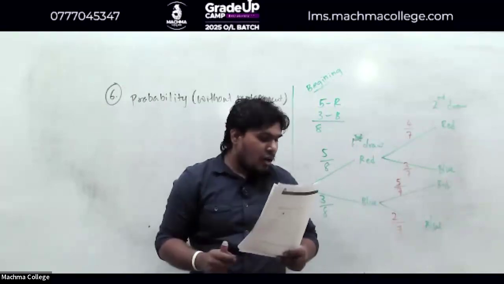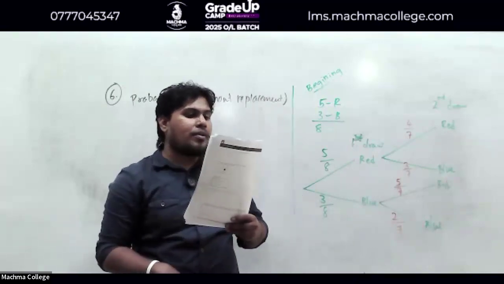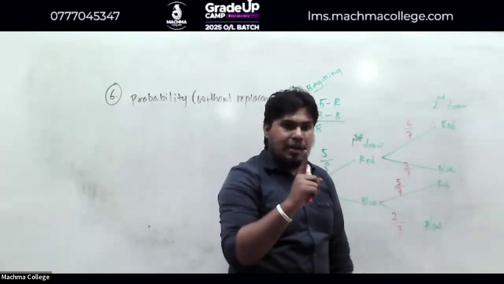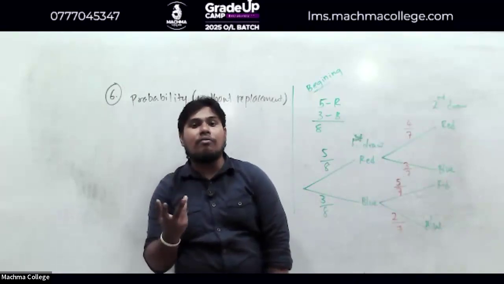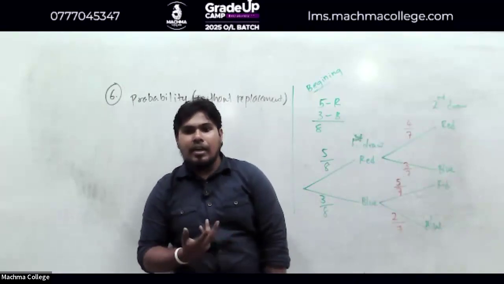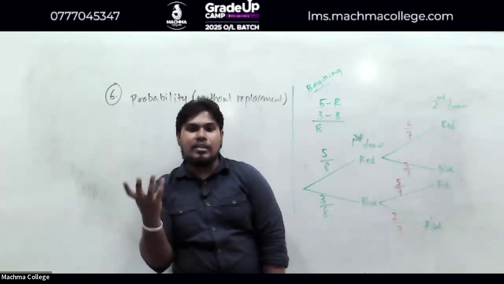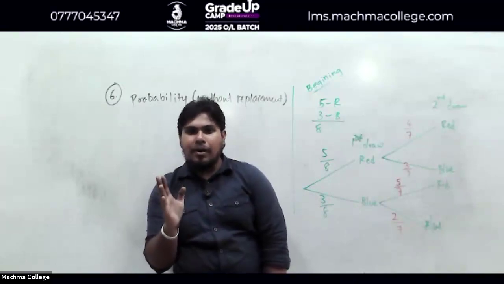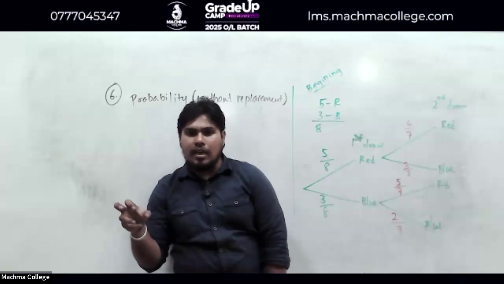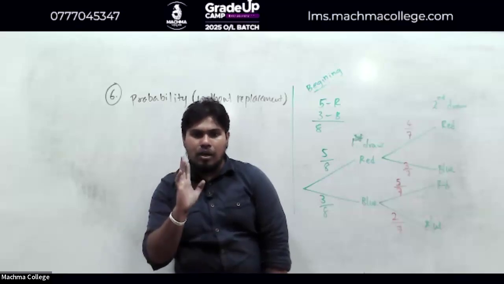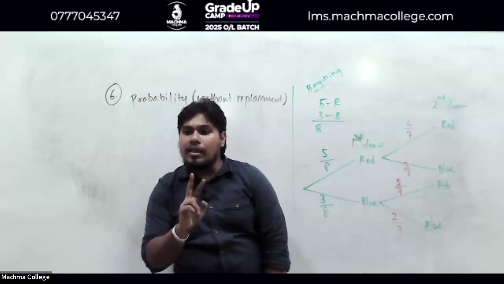Right. So now the question is: calculate the probability of selecting only one red ball. Did they specifically mention in which row? Is it in the first row or in the second row? Either in the first row or in the second row you have to get a red ball, not in both instances.